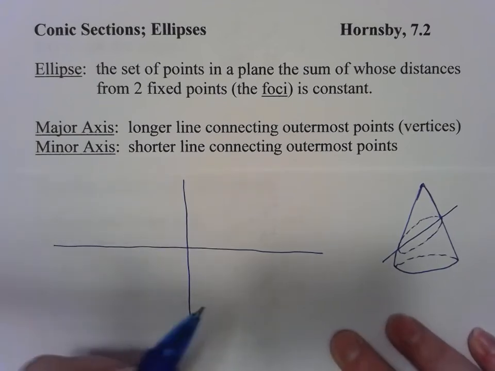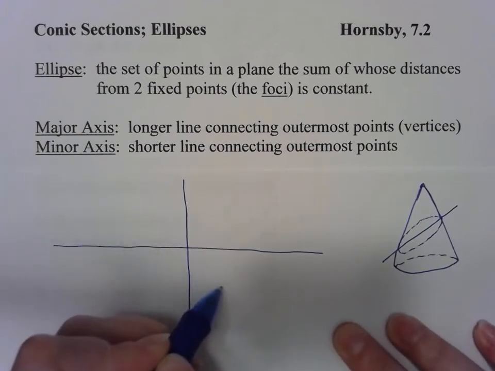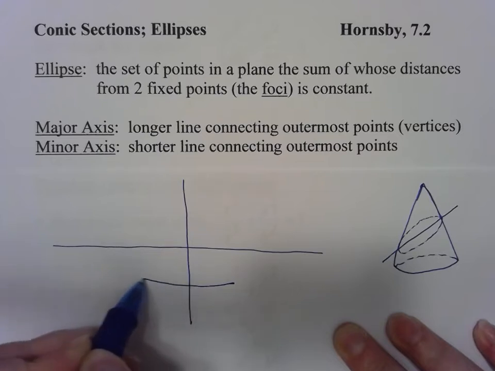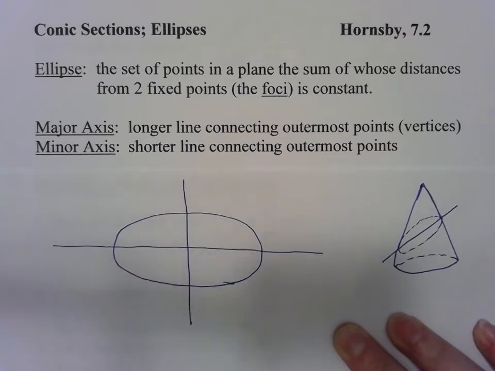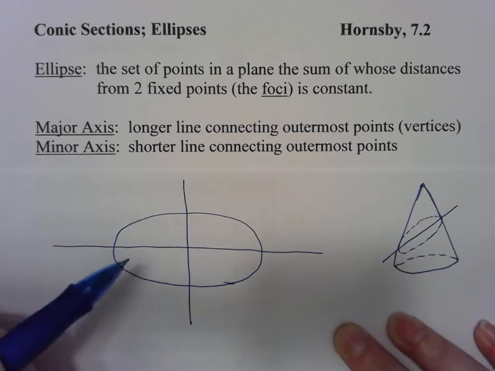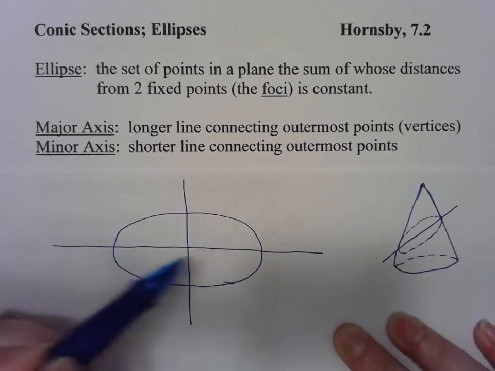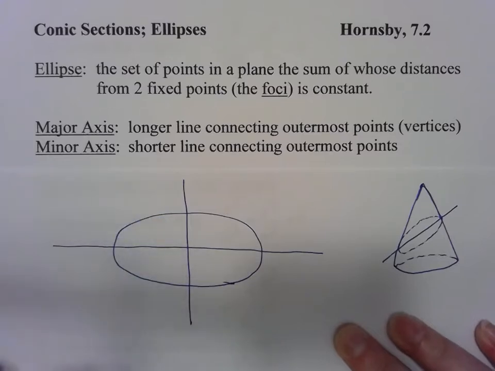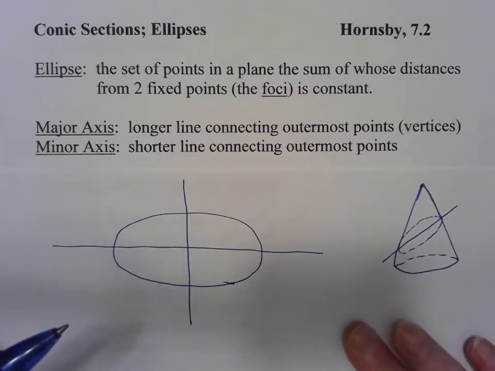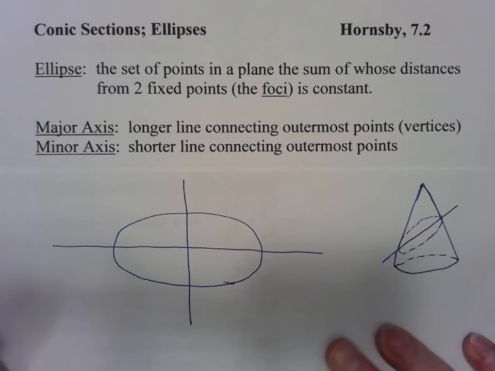Okay, so I'm going to make this a horizontal ellipse. I like to think of this one almost like a football shape. So it's a lot like a circle, but it's not equal distances from left to right as it is from top to bottom. At least it's oblong, right? It's an oval.